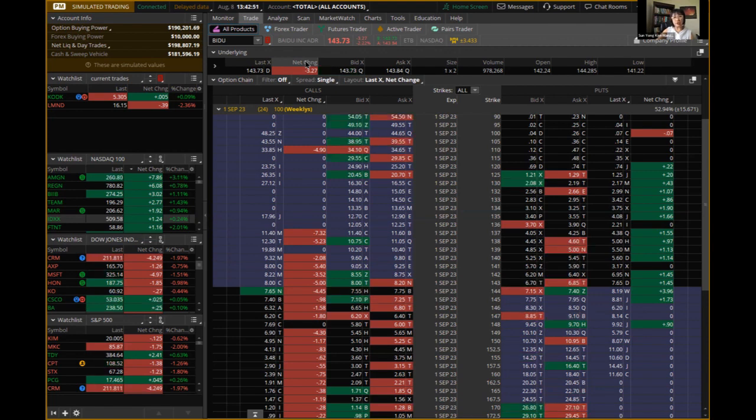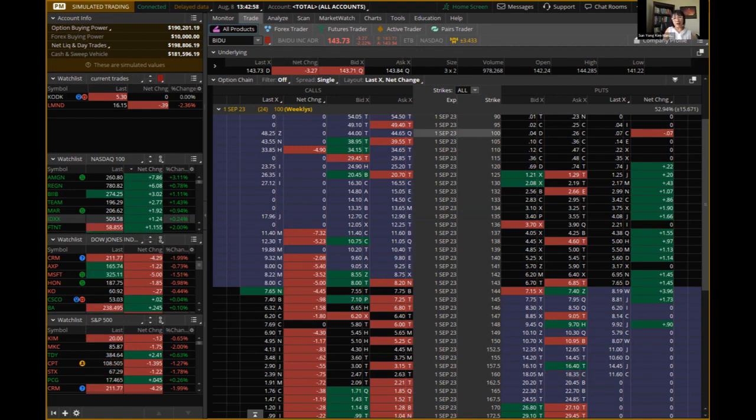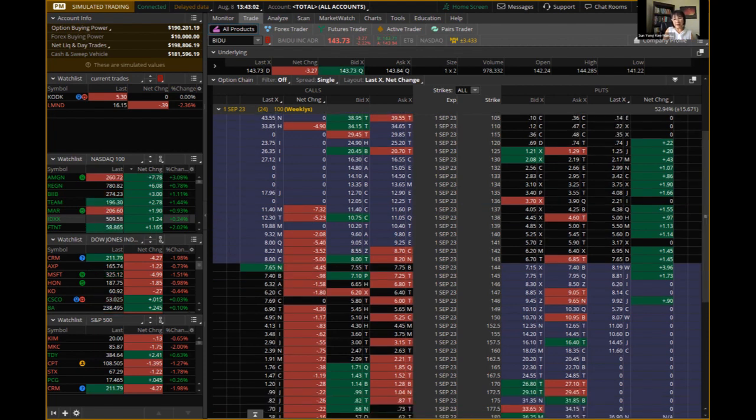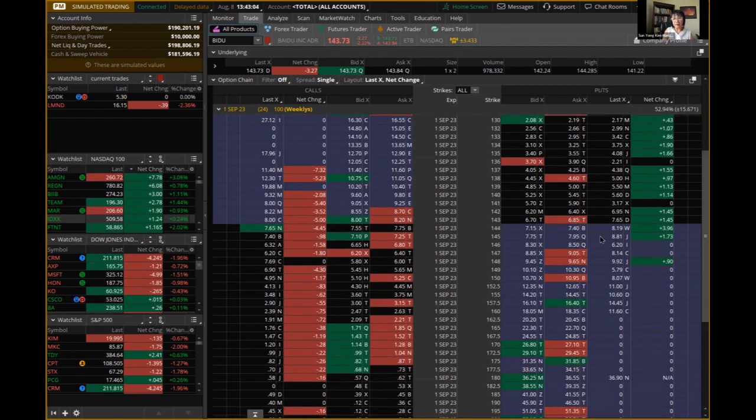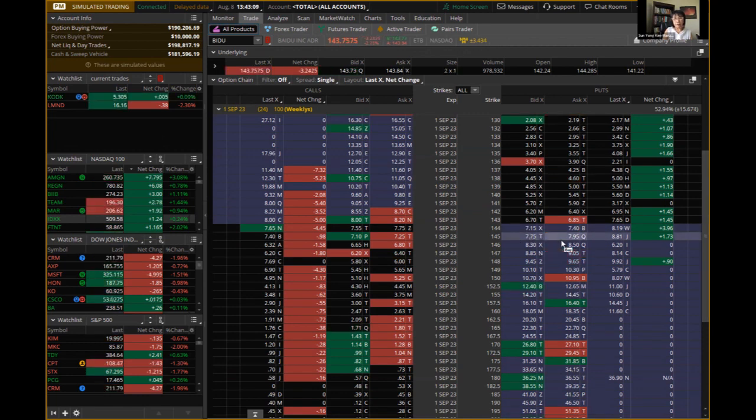As I'm studying the chart, it's going down already, 143.73. So that's a good indication that I'm going to feel good about setting up a down trade. Okay. So 143.75.